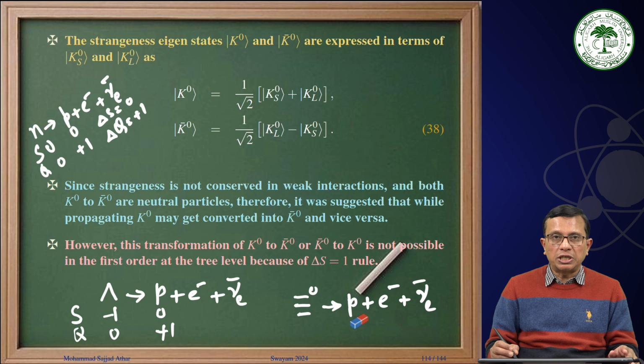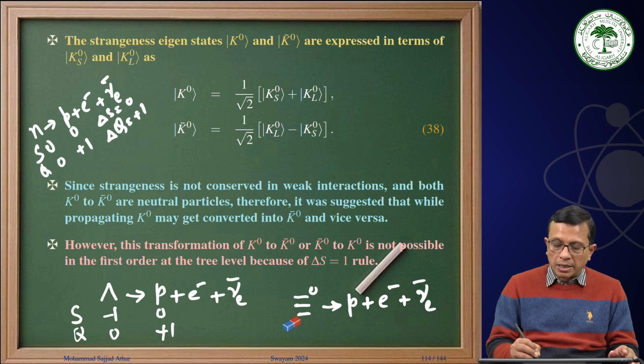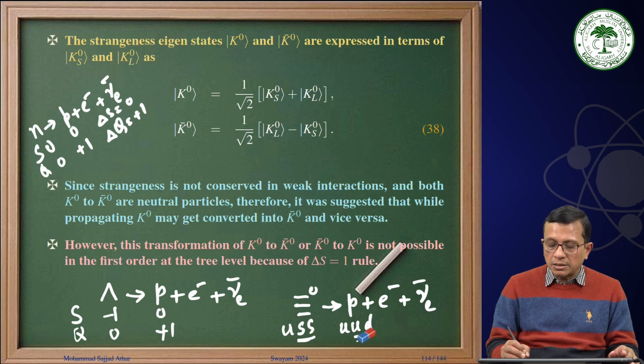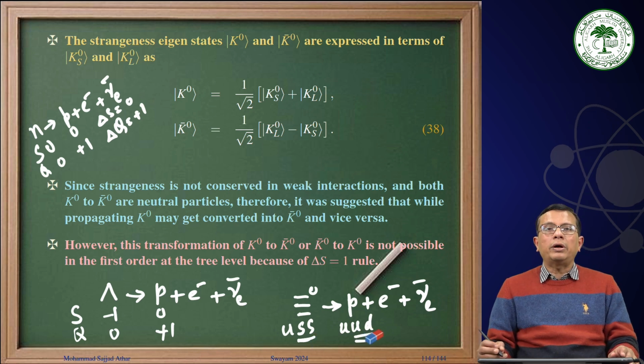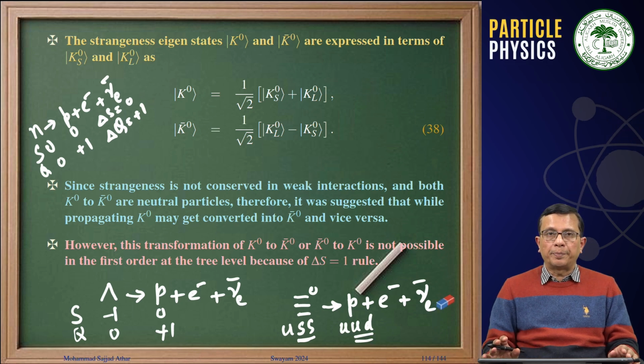You are conserving charge. But what is happening? This one is uss, this one is uud. Therefore, what you require is the conversion of 2 s quarks to 2 non-strange quarks, and this process is forbidden.